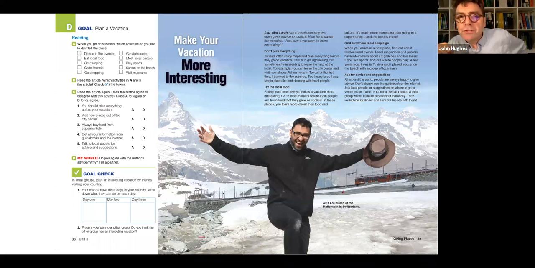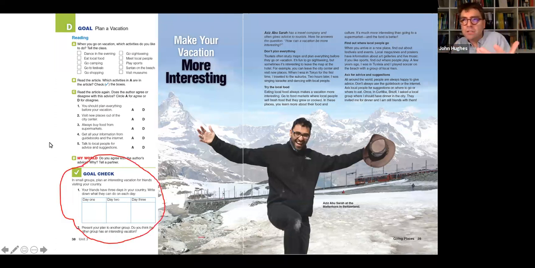What you can see on the screen now is a spread from World English, and this is the new edition of World English. But every lesson in World English is based around the idea that you introduce language or you do some quite controlled practice, but every lesson always finishes with a goal check, which is the moment that students have an activity and they demonstrate what they can do with the language.